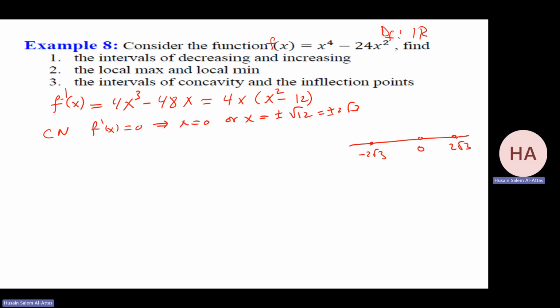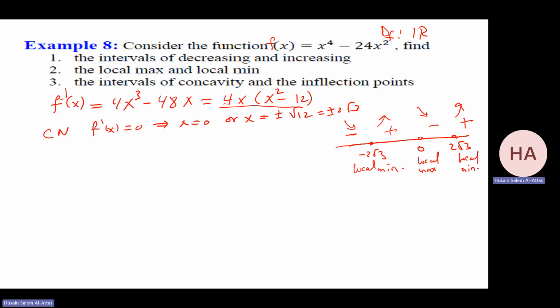That gives me what? I want to check this function. So take a value here, for example, minus 4. That will be negative. Here it will be positive, negative, positive. So it's increasing, decreasing, increasing, decreasing, increasing. So you have local minimum here, local max, I have local min here.